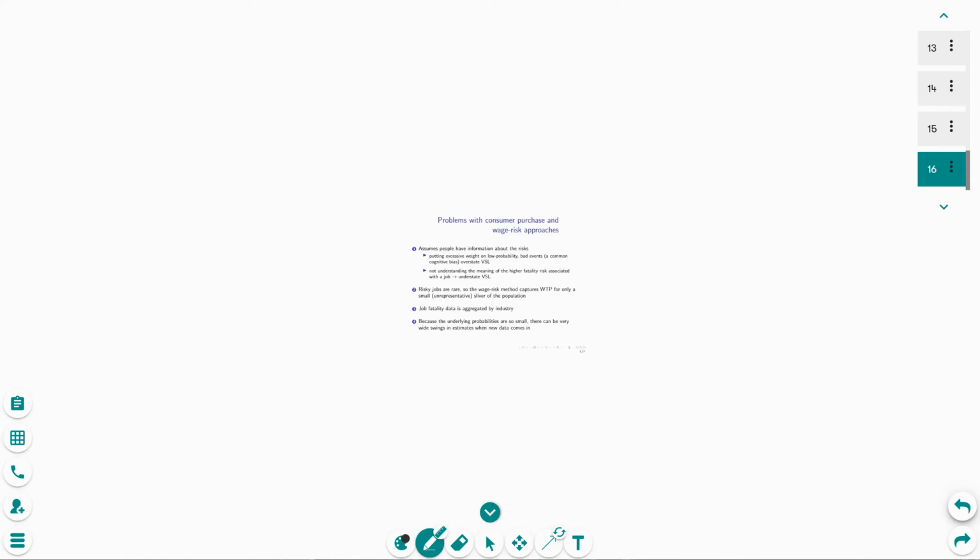And then this last problem is kind of interesting. We're dealing with very small probabilities here of mortality. This is not most people facing these actual deaths. And so it can suffer from this problem where, when new data comes in, let's say just one extra person dies per 10,000 over a given year. If there's one more accident and one more person dies out of 10,000 people, that's going to increase our estimate of the mortality rate, and that can produce pretty wide swings in the estimate of the value of a statistical life.